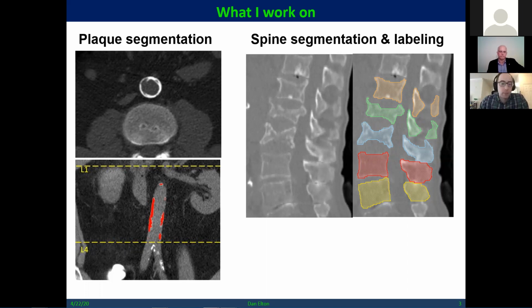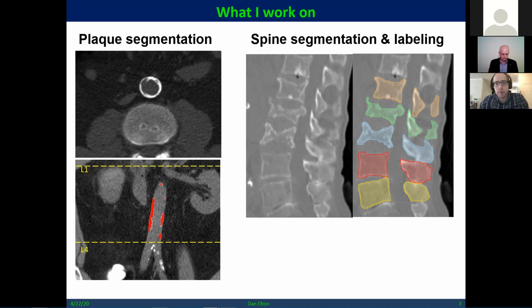The other thing I've been working on is looking at the spine. On the right, you see another image from a CT scan showing a cross-section of the spine. And using AI and deep learning, we can actually colorize the different vertebrae and label them automatically.